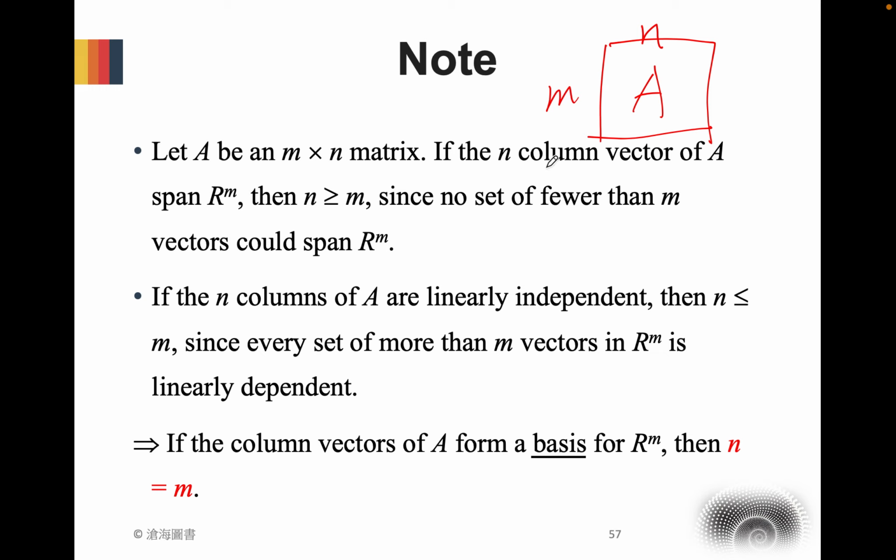If the n column vectors span Rm, then n must be equal or larger than m. Why? Because no set of fewer than m vectors would span Rm.